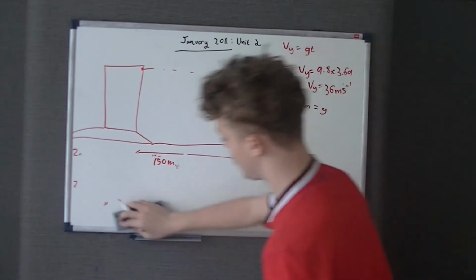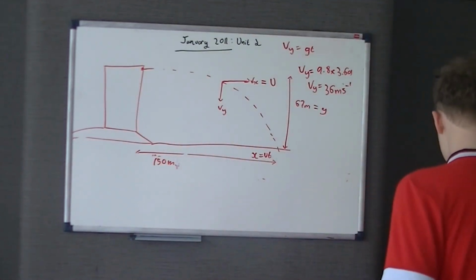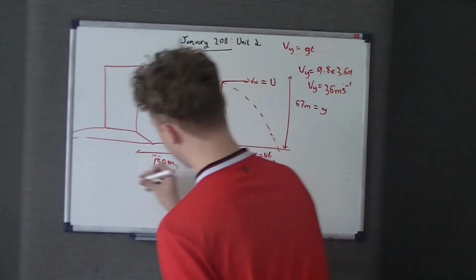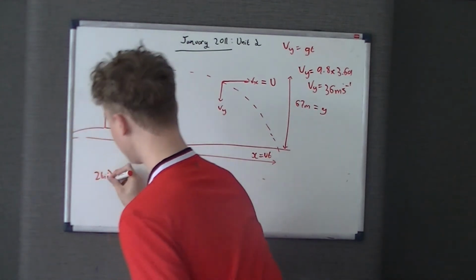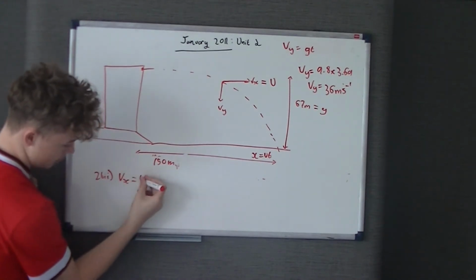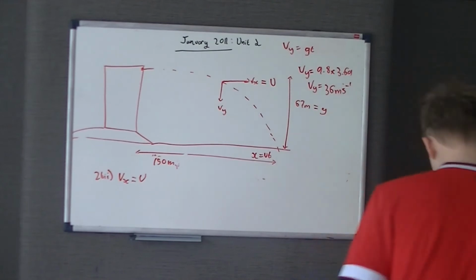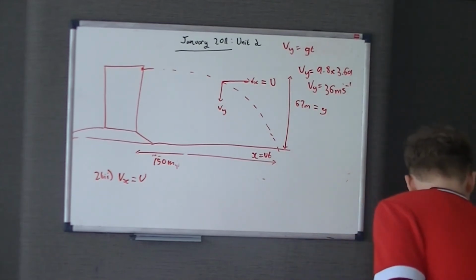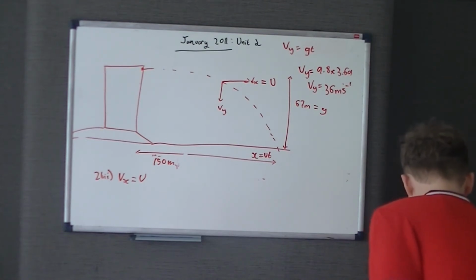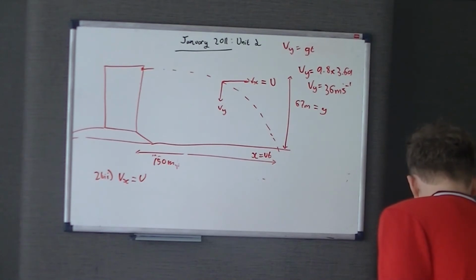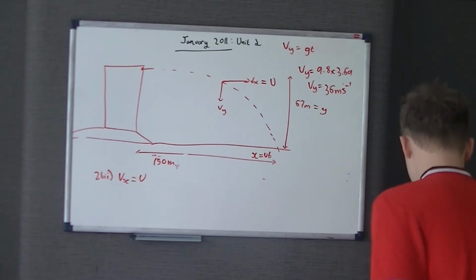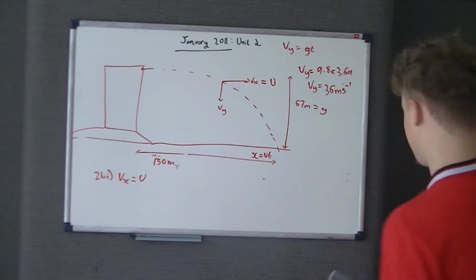So the next question, 2B part 2, is asking us to find the resultant velocity when the cannonball hits the ship. Now what we know is Vx equals u, and we know u from a previous equation. Sorry, it's asking us to find the direction as well, I missed out that.